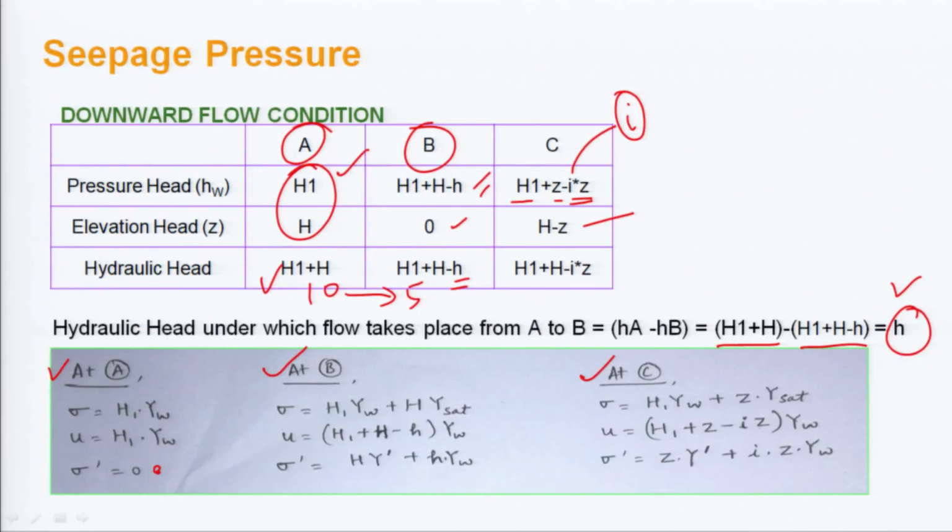So, here it is 0, and it is the same as in the previous case at A. At B, that is equal to h1 into gamma w plus h into gamma saturated, and pore water pressure is the height of the piezometer there, that is h1 plus h minus h into gamma w, and when you subtract these two things, you get the effective stress. And similarly for point C also, you will be calculating the total stress, the pore water pressure and the effective stress values. So, this is a very important point here.